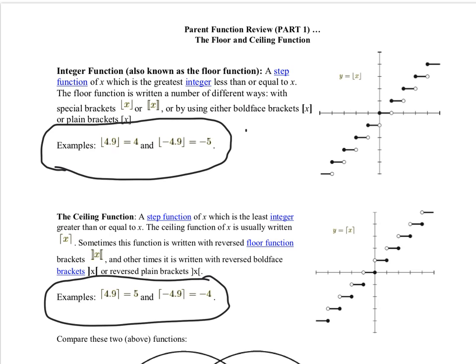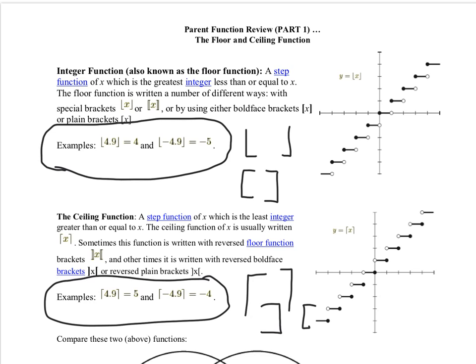The floor notation has the brackets going in, like this, and the ceiling has the brackets on top like this, or flipped backwards like this. So just make sure you know which function you're working with. And that's really all there is on this page.